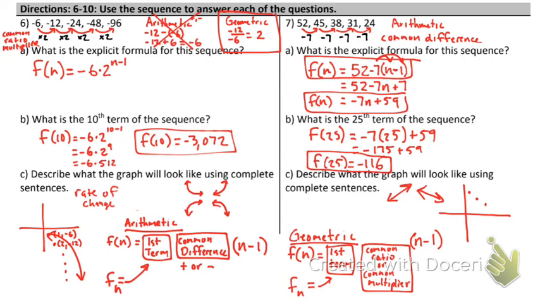So we're essentially having this right now. If you can describe that using rate of change: my rate of change is decreasing, and is decreasing by 7 each time. And it's a linear graph, a line graph.